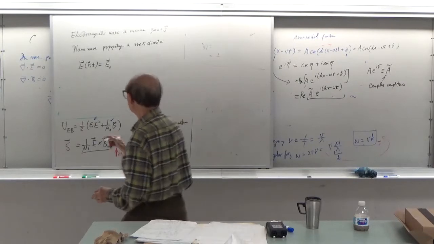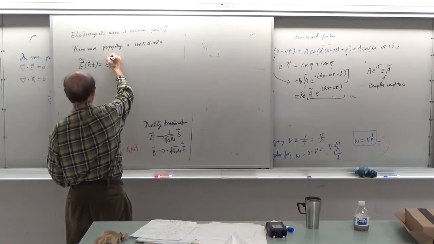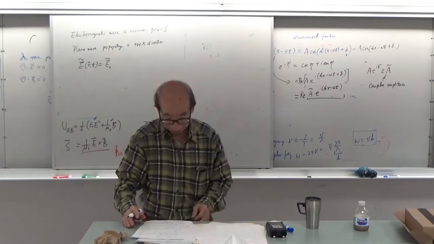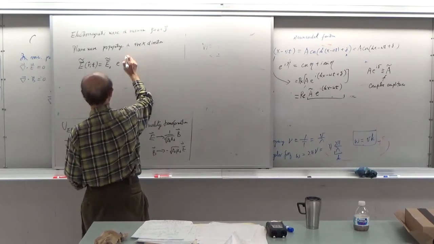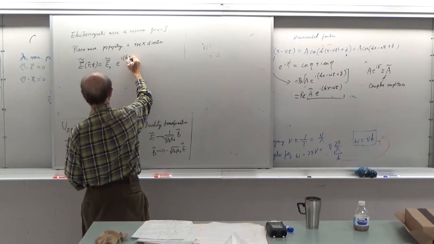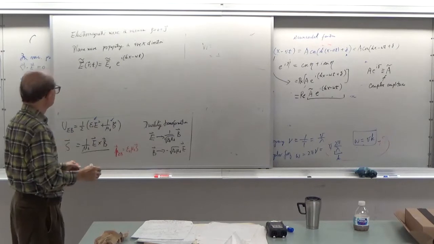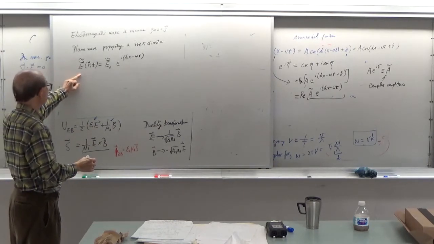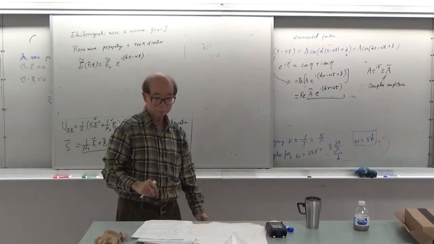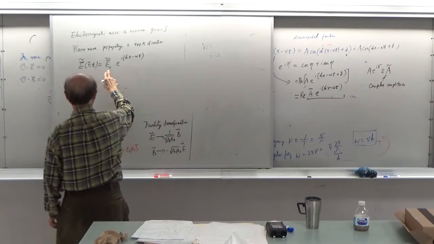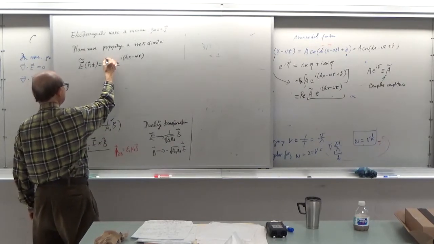Let's go right away to the complexified wave, so the complexified amplitude times e to the i kx minus omega t, propagating in the x direction. Of course, we're interested in the real electric field E, so we just take this and take the real part of it. The complex amplitude for the electric field E is E naught tilde. This is a vector, this is a vector.